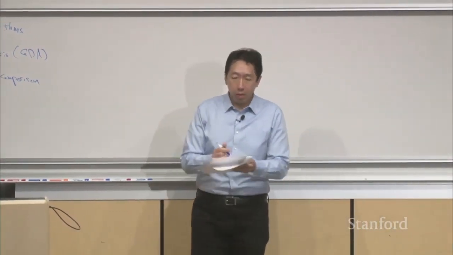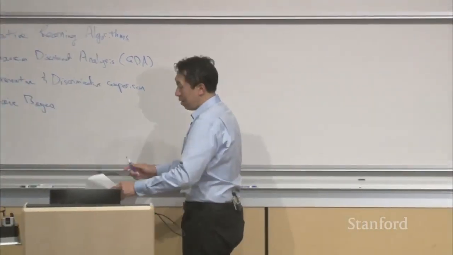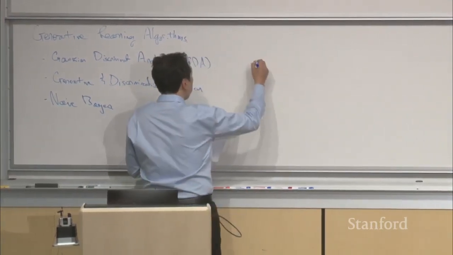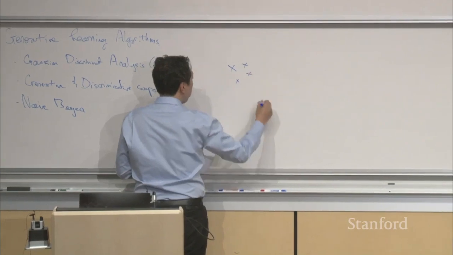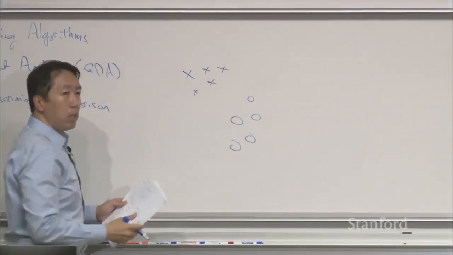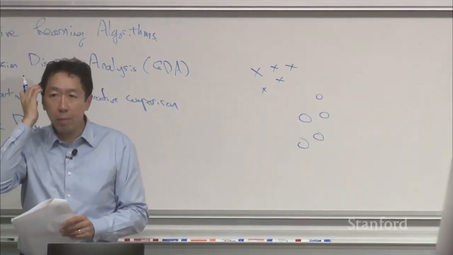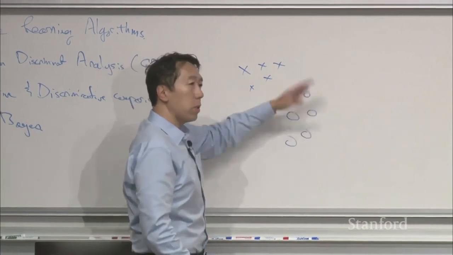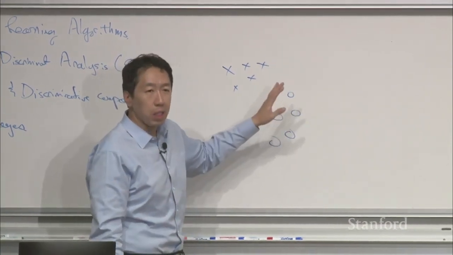So we'll use binary classification as the motivating example for today. And if you have a data set that looks like this with two classes, then what a discriminative learning algorithm like logistic regression would do is use gradient descent to search for a line that separates the positive and negative examples, right?